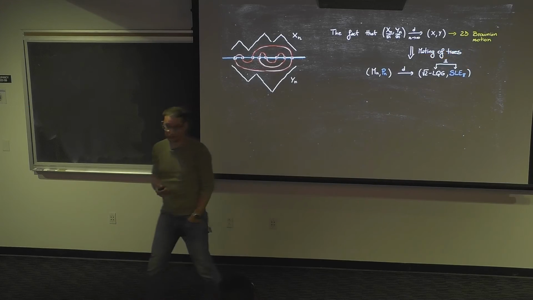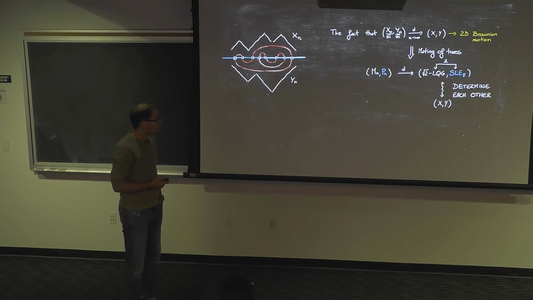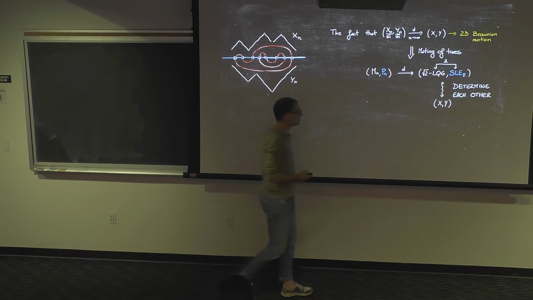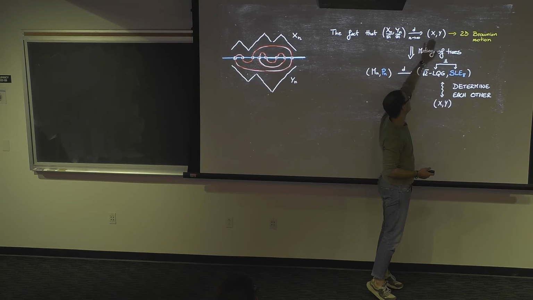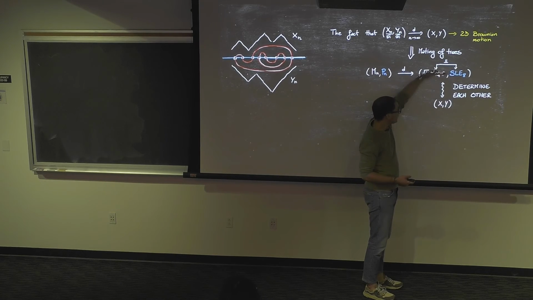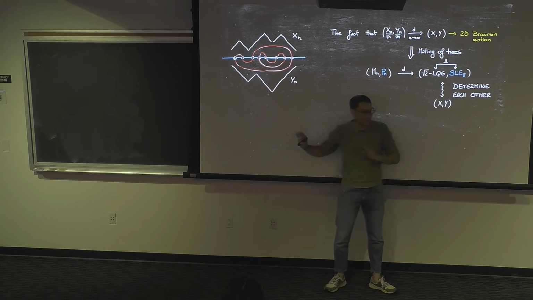And this is rigorous. The key point of this step, which was done by Duplantier, Miller, and Sheffield, is to prove that this pair x and y actually determines the pair SLE LQG, and the pair SLE LQG determines x and y. So these two things are in bijection in the limit.